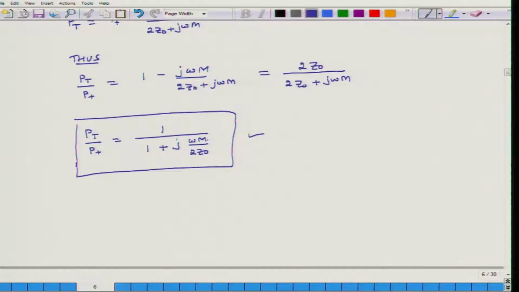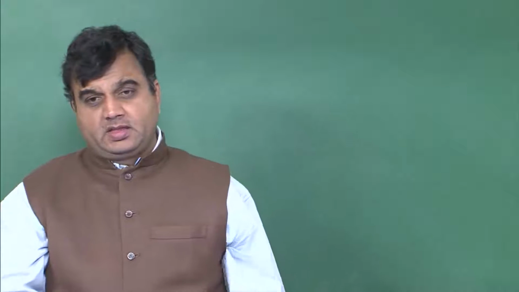If omega is 0, then no matter how heavy the wall is, m can be extremely heavy, but the ratio of Pt and P plus will be 1, which means that if frequencies are extremely small, then even heavy walls will not be able to stop sound from propagating from one side to the other side. Okay.